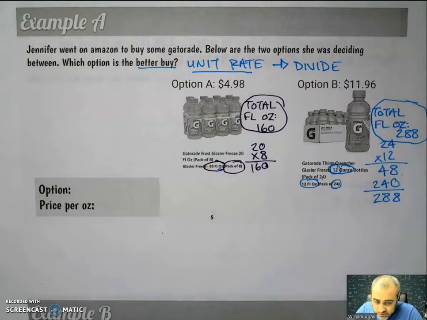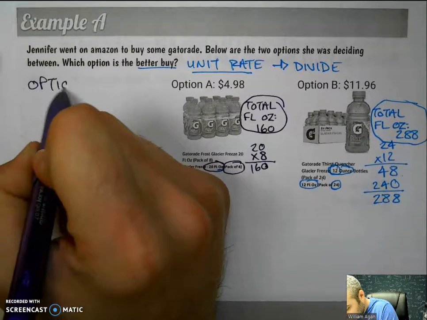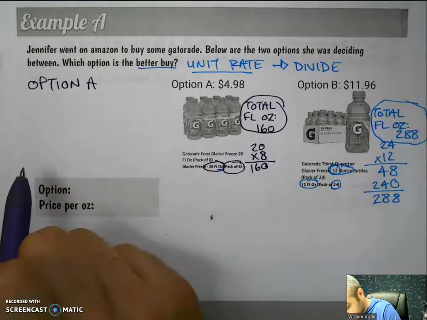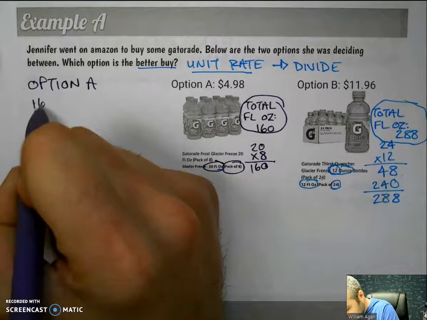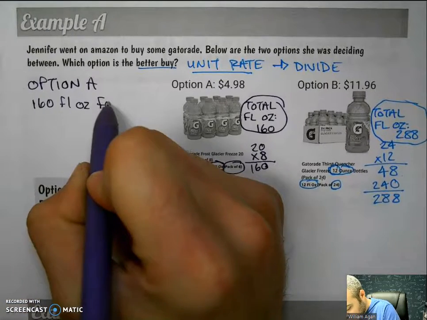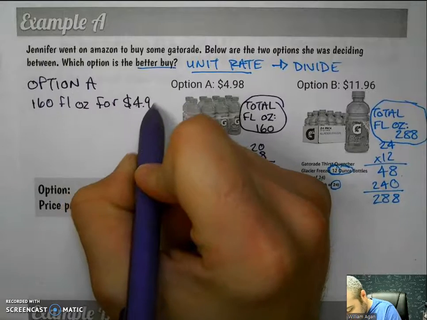Alright, so now we have two options. Option A is 160 fluid ounces for $4.98.